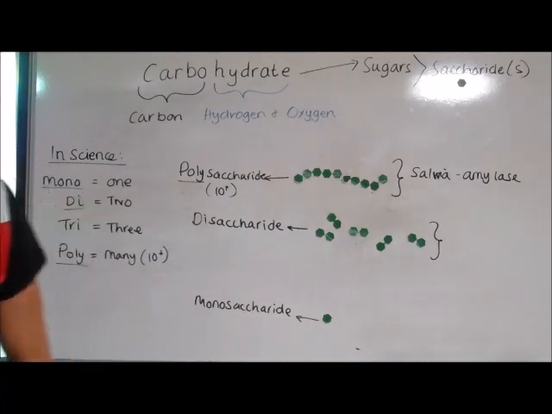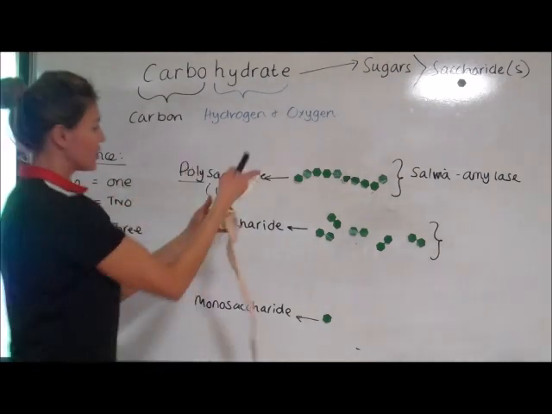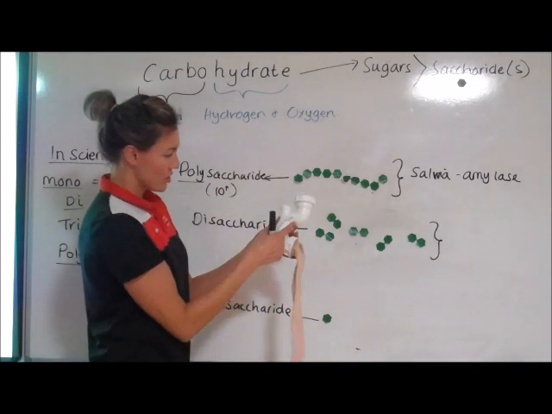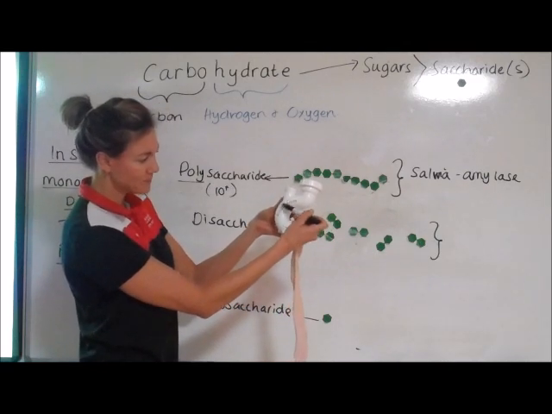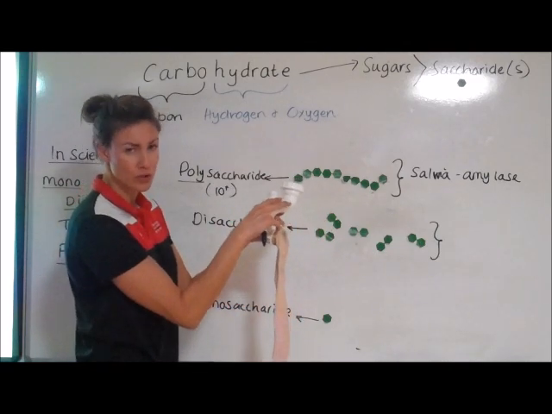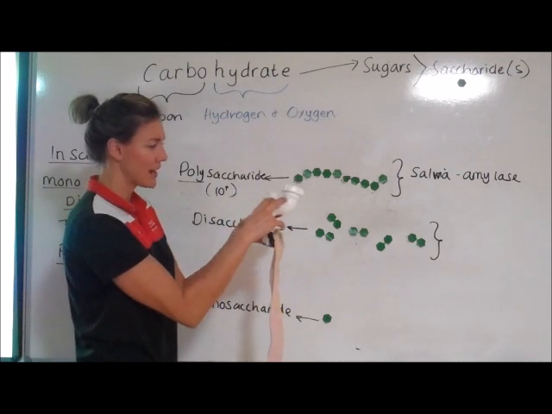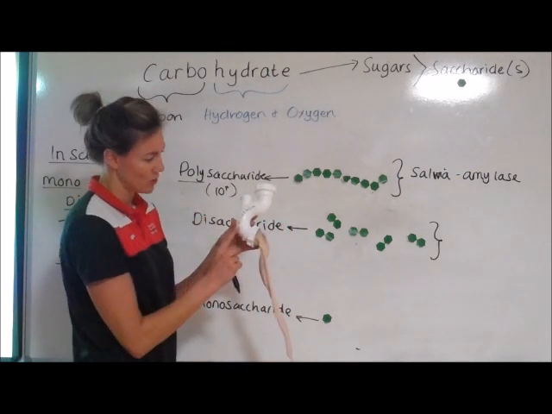Chyme then enters the duodenum, which is the first section of the small intestine. It's a C-like structure, and it's got a really important role because it does the final stage of chemical digestion.